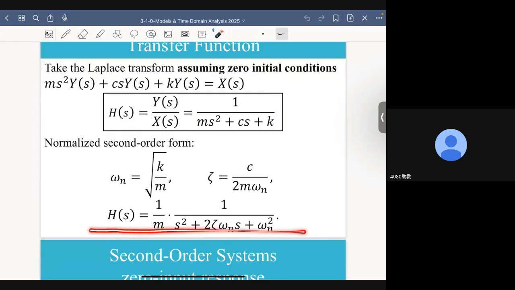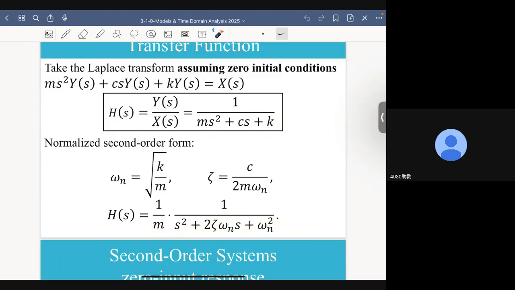After introducing omega n and eta, we see that for the transfer function, what we have are two key parameters, eta and omega n, because once eta and omega n are known, the locations of the poles are specified. If you know natural frequency and damping ratio, you know where the poles are.